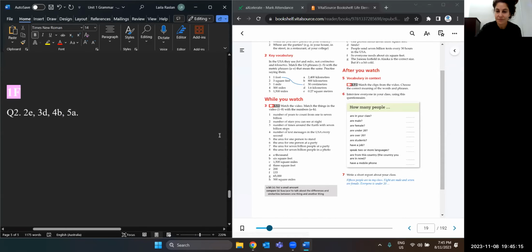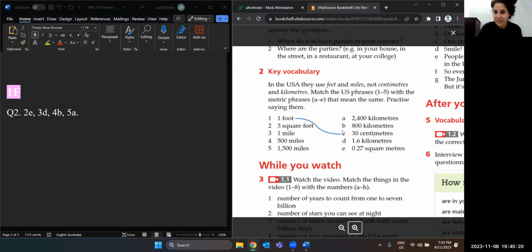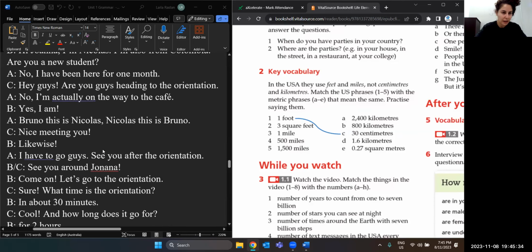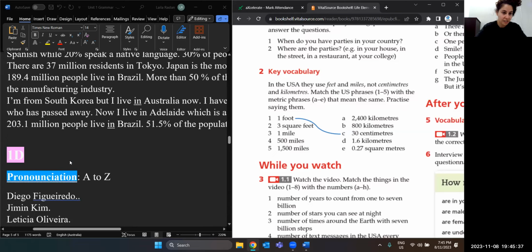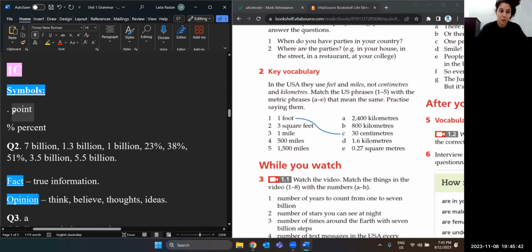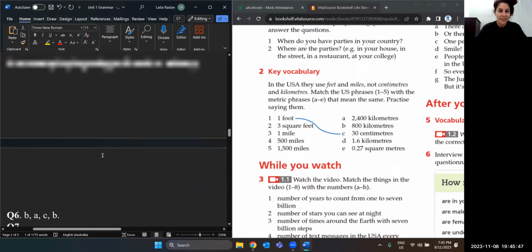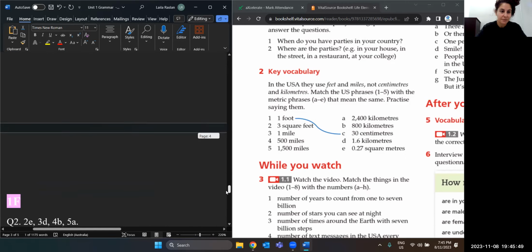Yes, it is E. So 3 square feet is 0.27 meters. Yes, and good. If you remember earlier in the lesson, we said point. That's how we pronounce it. Remember? If we look back in this unit, we did point and I think percent. Yes, so point. That's how we say it. 0.27.